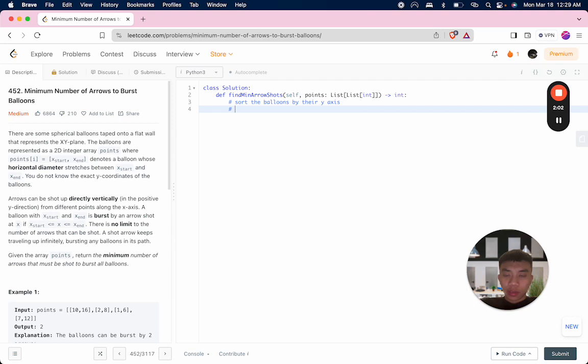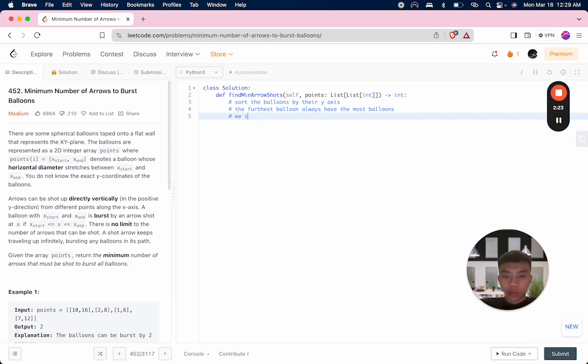The furthest balloon always has the most balloons, which is why we sort the balloons by their y-axis.